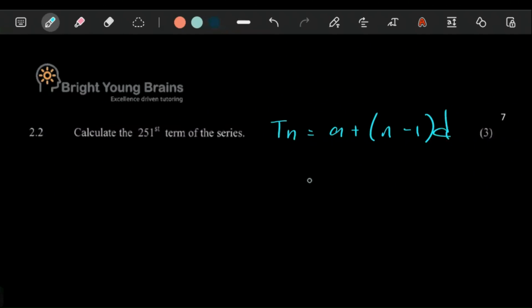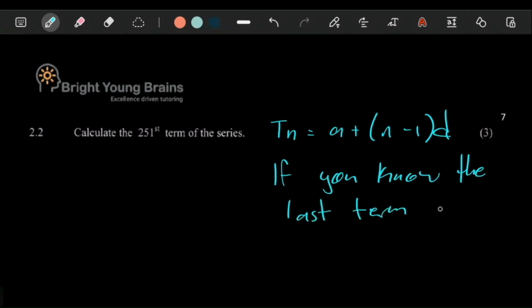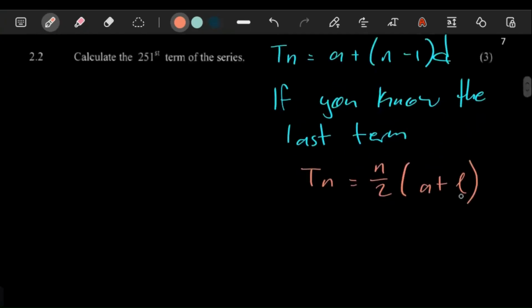The other thing is, if you know the last term, you would be able to use this one: S_n is equal to n over 2 times a plus l, where l is the last term and n is the position of the last term.